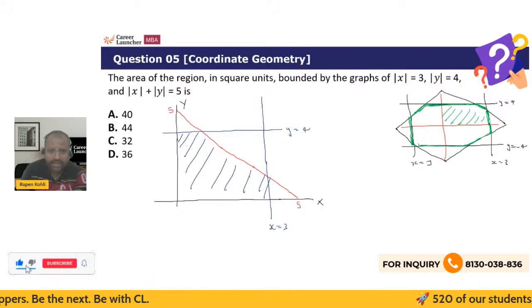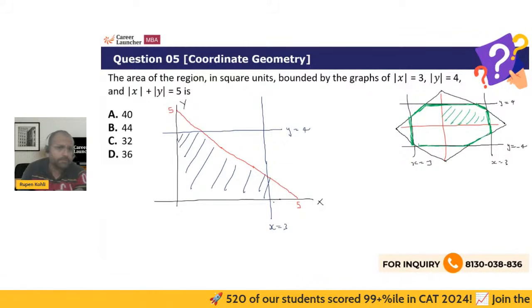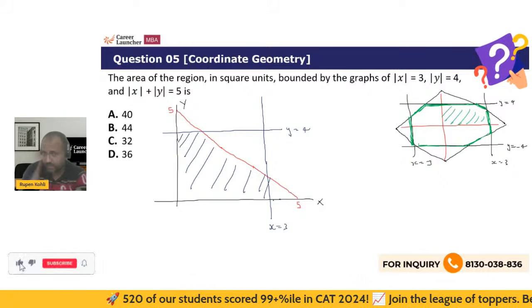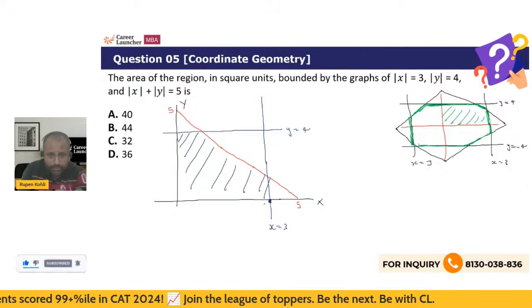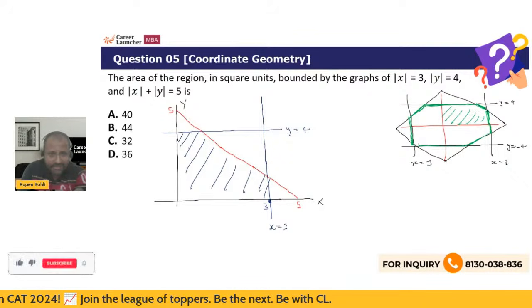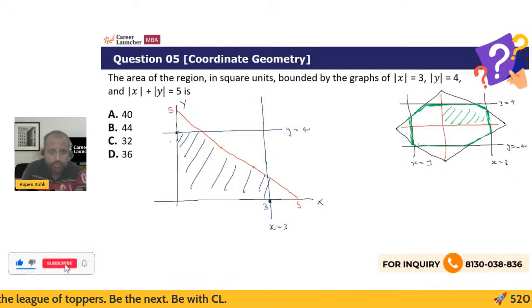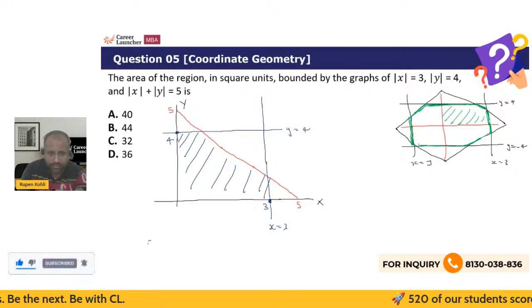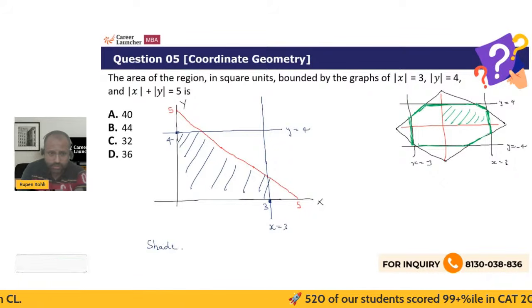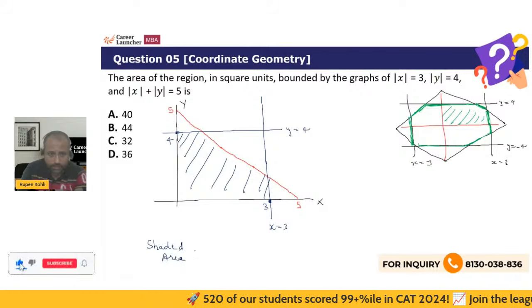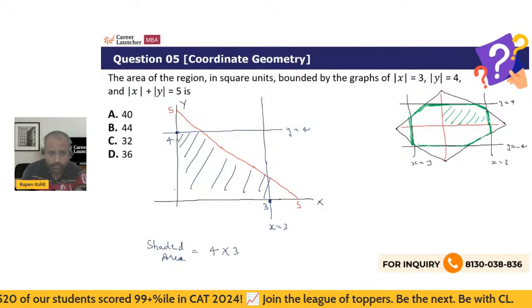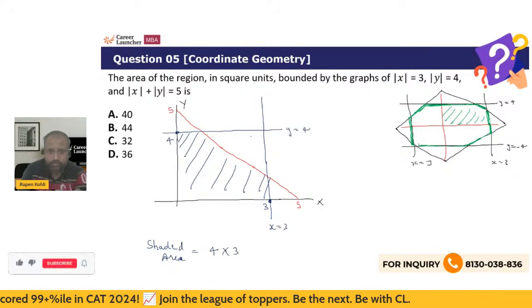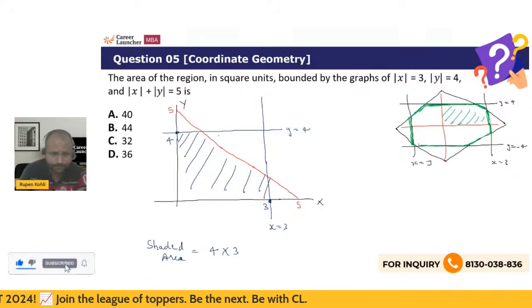So this shaded area, this is obviously a square because, no, this is not a square, this is a rectangle, because this line is x equal to 3, so this is 3 comma 0, so this base is 3 and this line is y equal to 4, this is 4, so this is a rectangle of 3 by 4. So the shaded area in the first quadrant is equal to the area of the rectangle, which is 4 into 3, 12 square units, the whole, and take away this triangle. So I have to find the dimensions of this triangle.